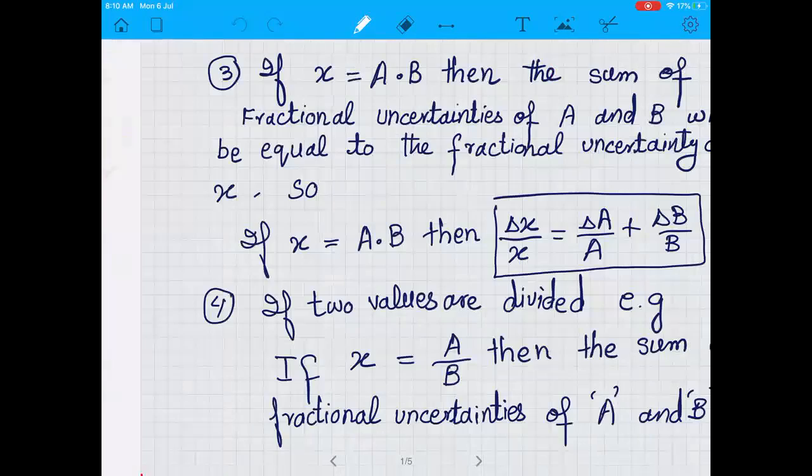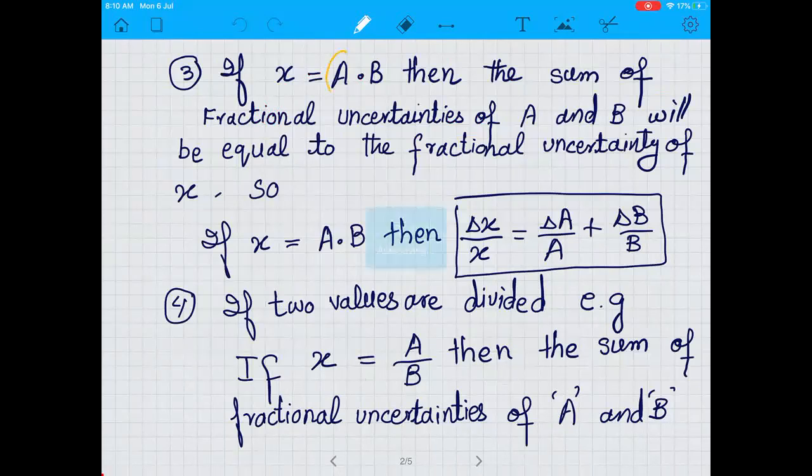The third formula was for product. When you multiply two values to achieve the answer, then the fractional uncertainties of those two values will be added up to get the fractional uncertainty of the answer. So if x was equal to a into b, then fractional uncertainty in x will be equal to the sum of fractional uncertainties of a and b.